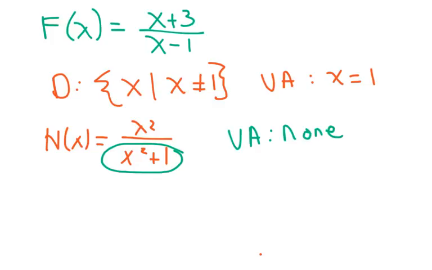Okay? And then let's do one where we have to reduce. We have one that is x squared minus 9 over x squared plus 4x minus 21.